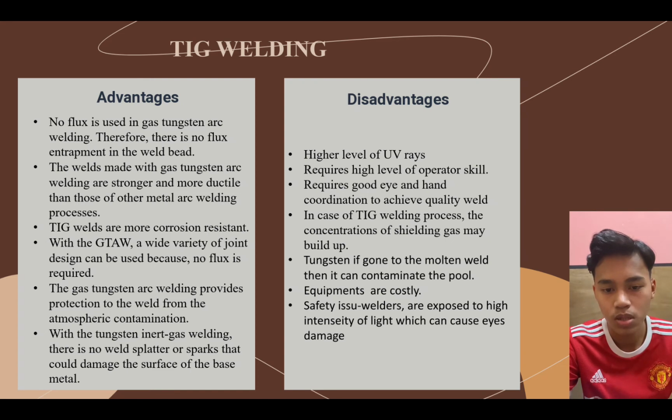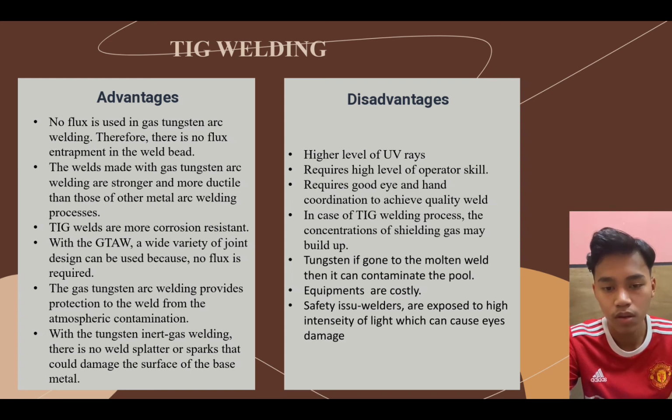Number 6, with tungsten inert gas welding, there is no weld spatter or spark that could damage the surface of the base metal. Number 7, gas tungsten arc welding is suitable for welding positions that are horizontal, vertical and overhead.